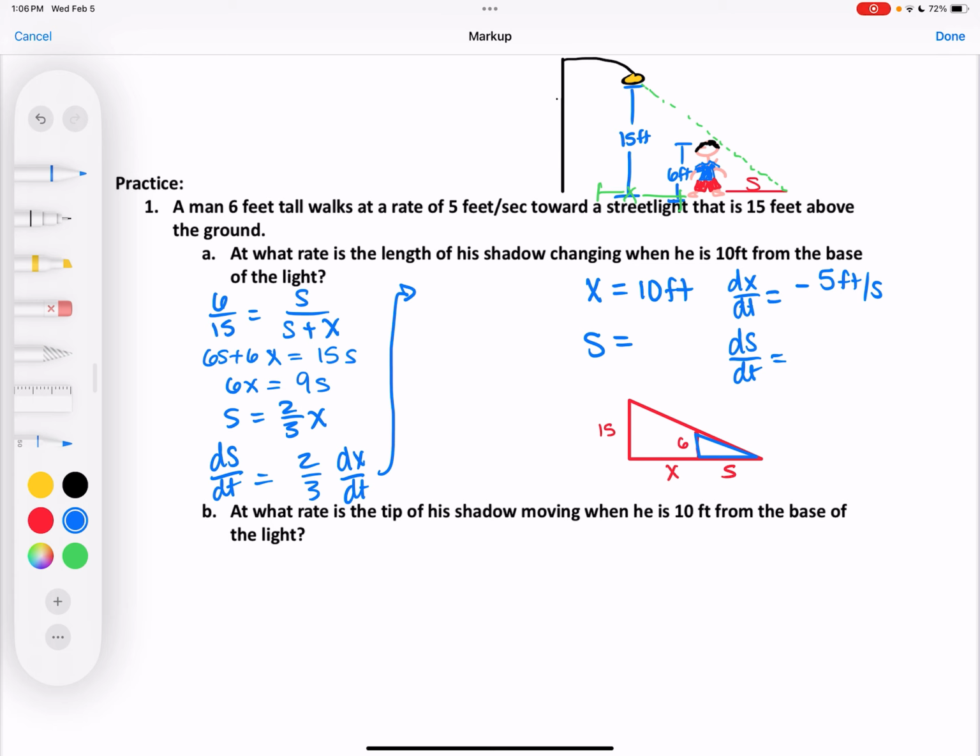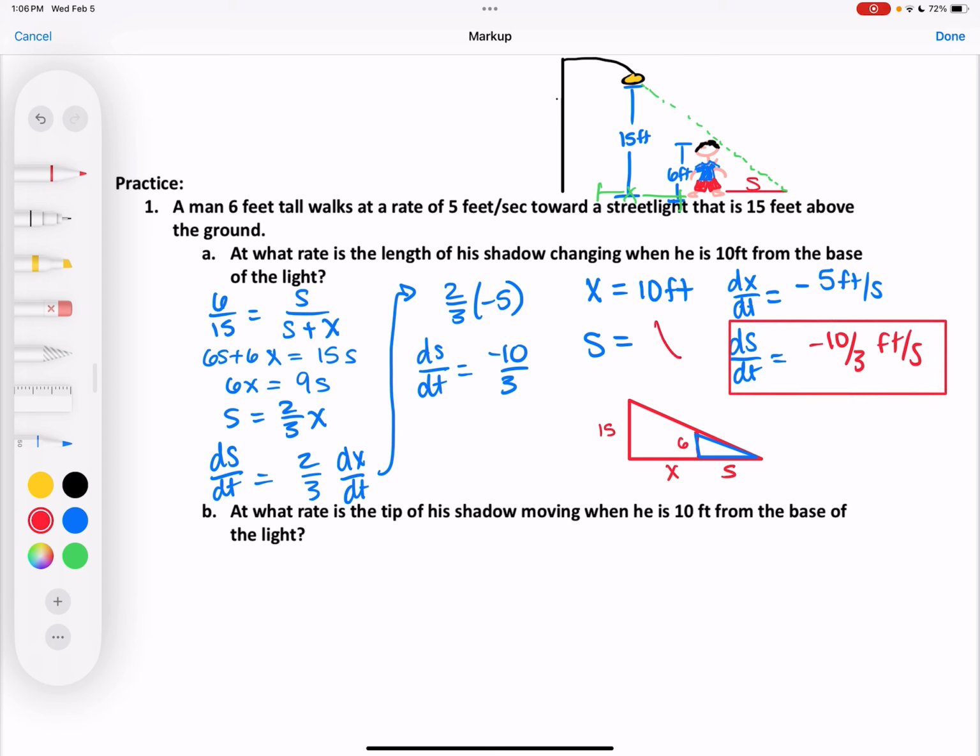So that's 2/3 times -5. So ds dt equals -10/3 feet per second. That is the rate that the shadow is changing at. I don't need S, so I'm just going to put the X there.